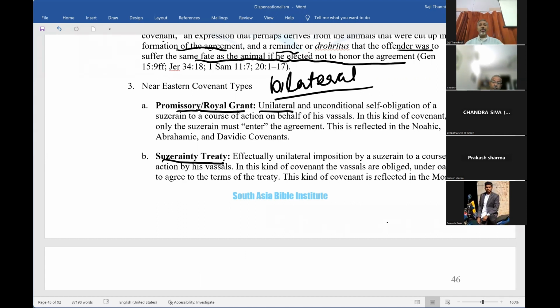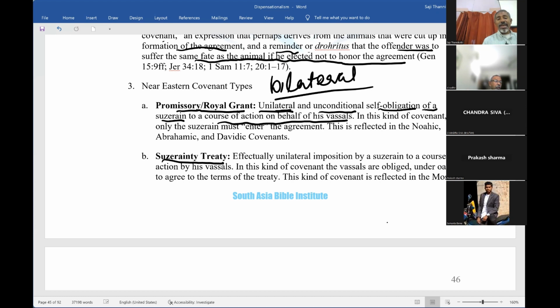This is an agreement between two countries, bilateral. So unilateral means it is not like two equal parties. It is a unilateral and unconditional self-obligation of a suzerain to a course of action on behalf of his vassals.